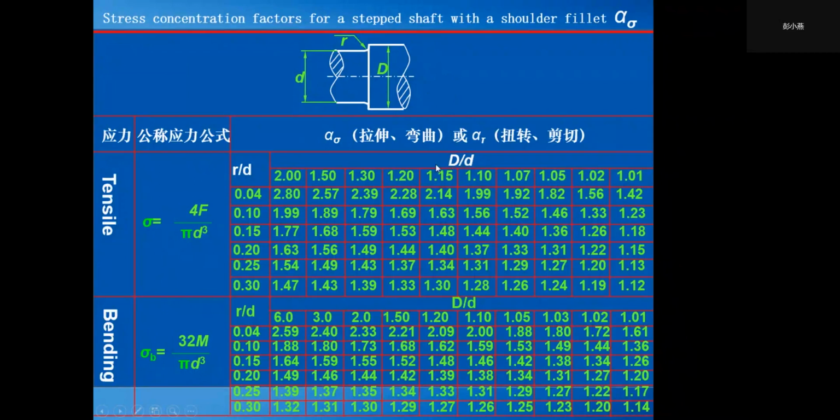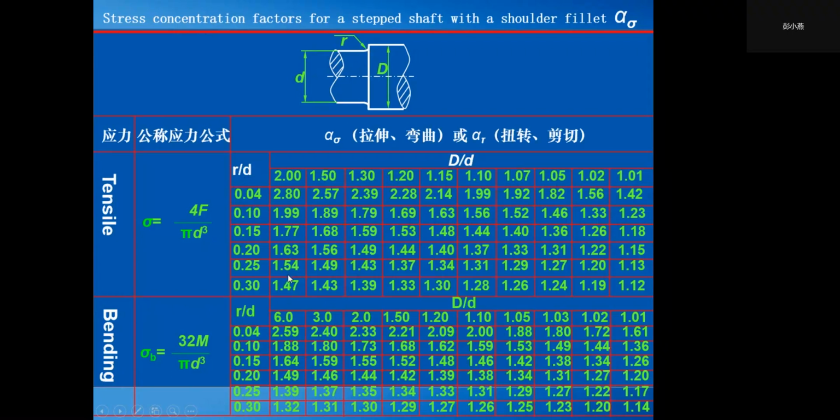And if this is fixed like this, and if this is increased, meaning the size of the fillet will increase, then the stress concentration will decrease.